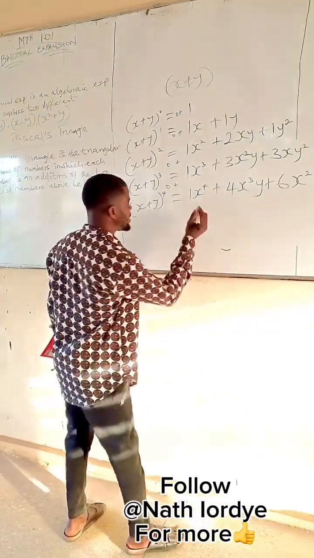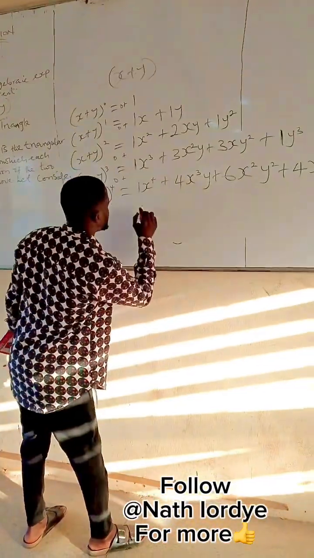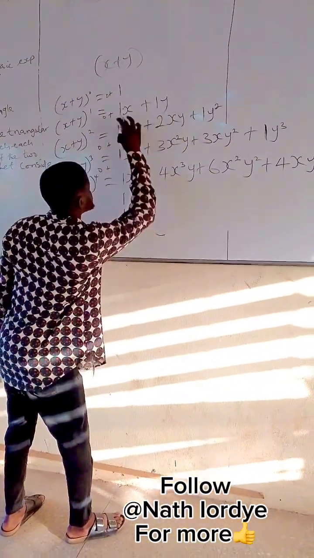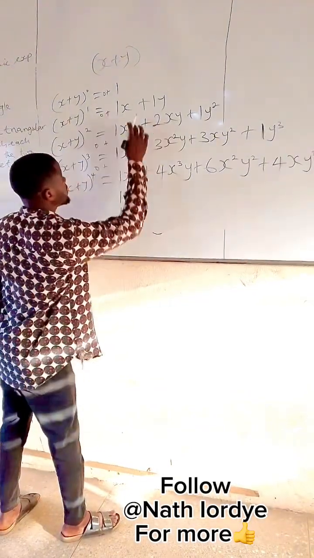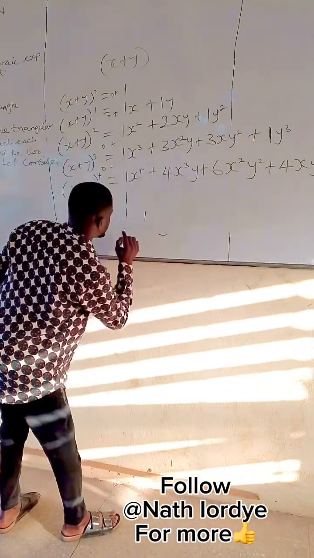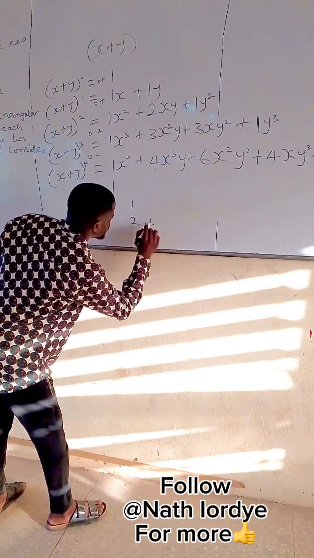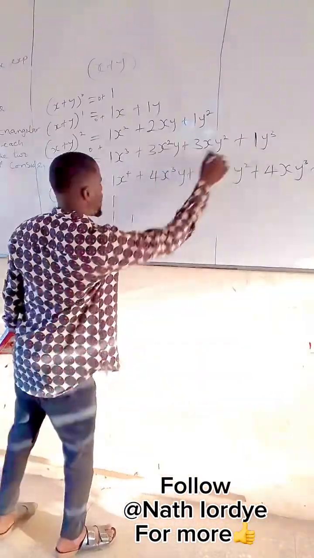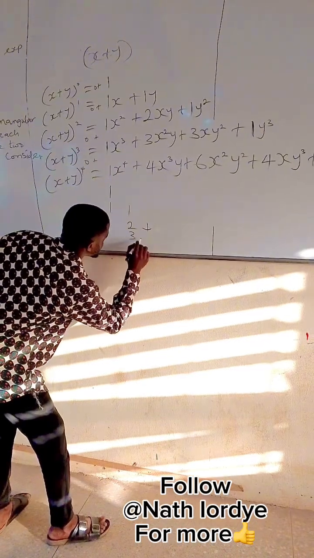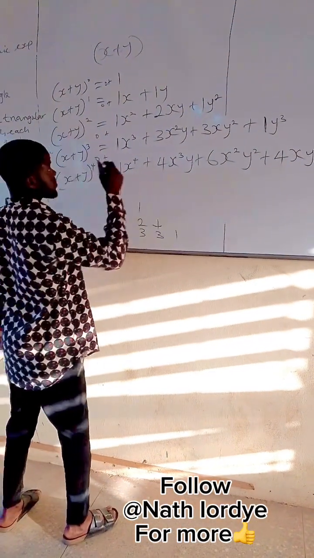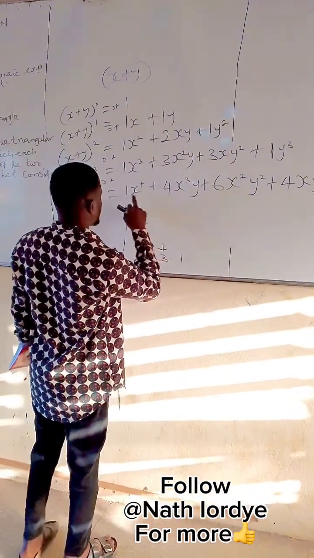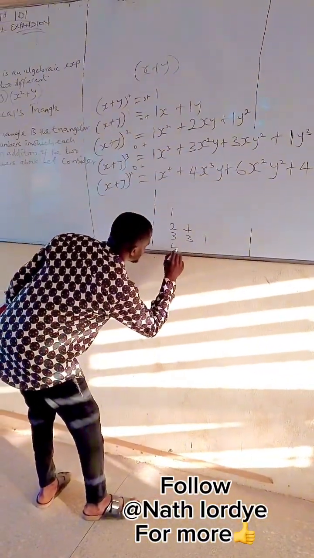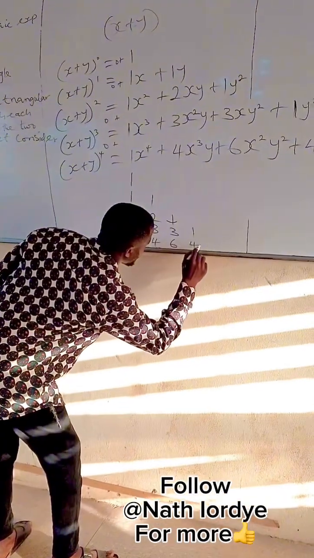So now when you arrange the coefficients, you have 1, and then you have 1 again, and then you have 1, 2, 1, and then you have 1, 3, 3, 1, and then you have 1, 4, 6, 4, 1.